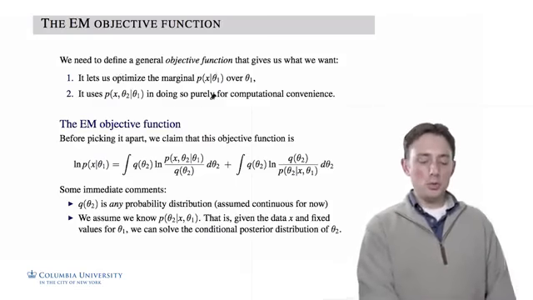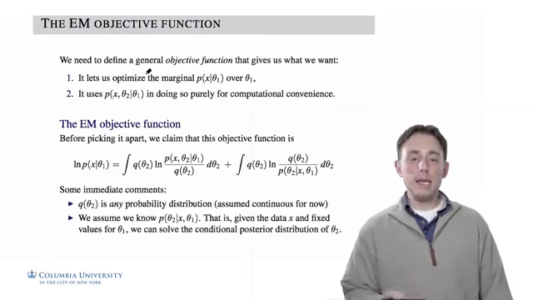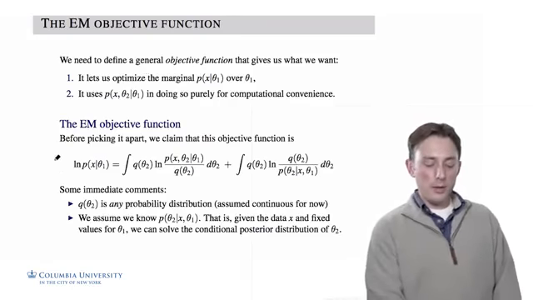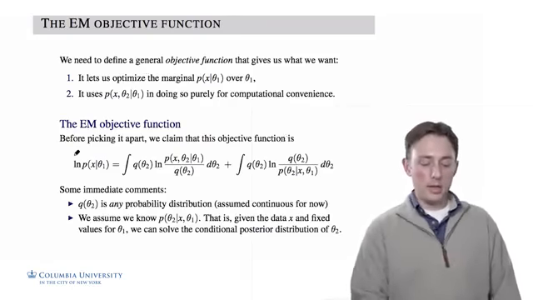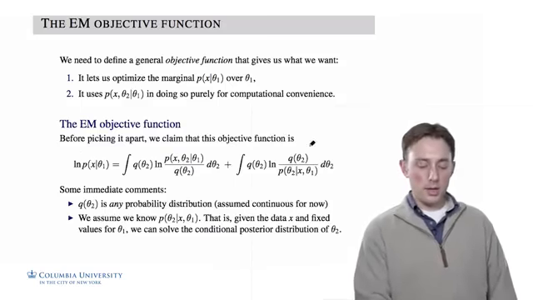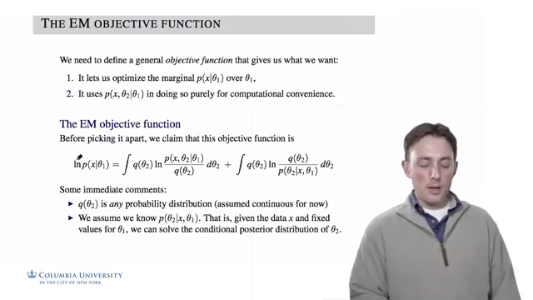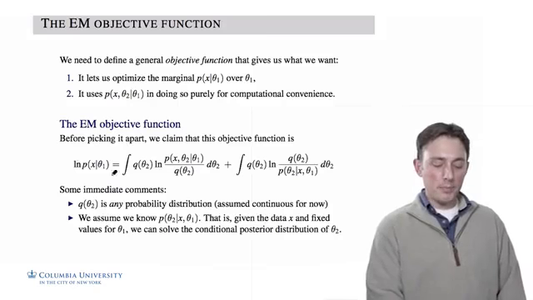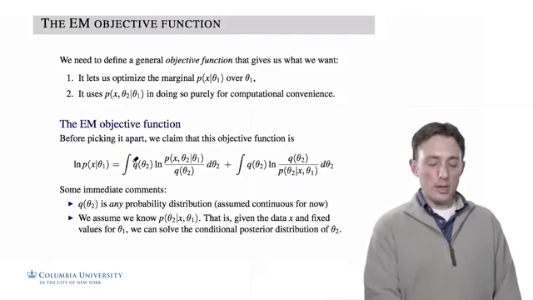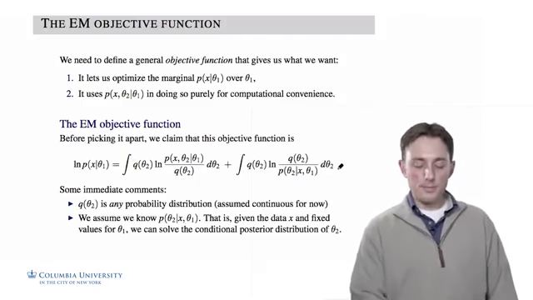To achieve these two objectives, using the EM algorithm, we form this equality. I'm going to pick this apart in the following slide. But for right now, I just claim that the left-hand side, which you notice is what we want to maximize over theta 1, is equal to this right-hand side.